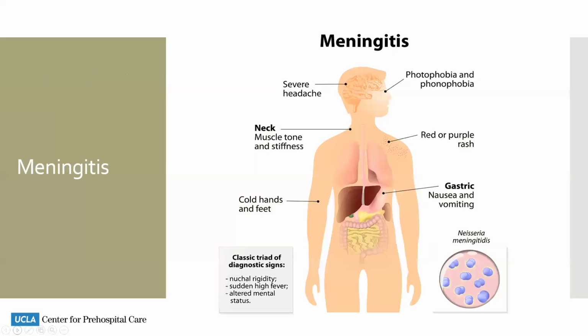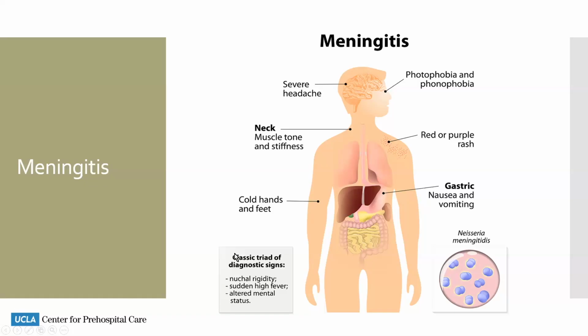So now let's go on to something else, which is more disease oriented. Meningitis. Meningitis can be caused by viruses, it can be caused by bacteria. And it can just give you a lot of discomfort or kill you, depending on the causative agent.